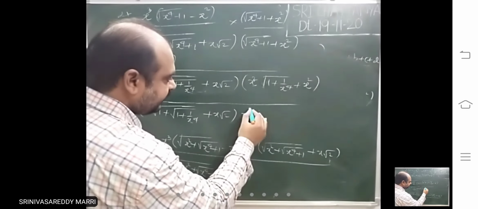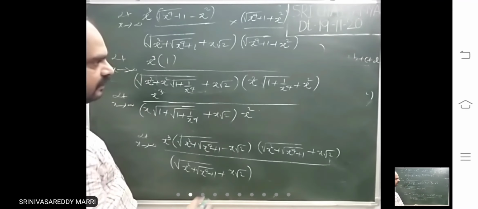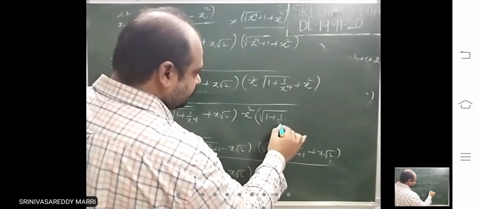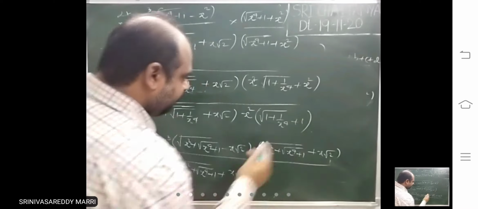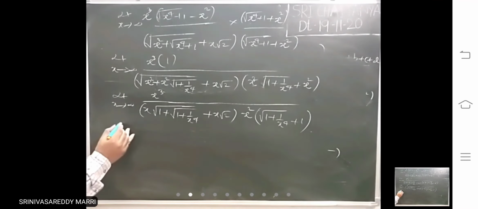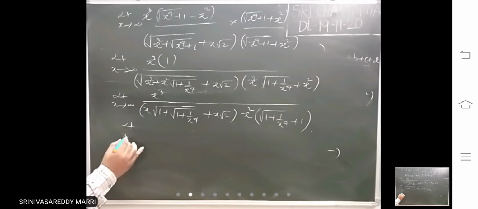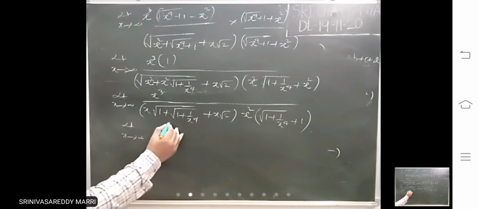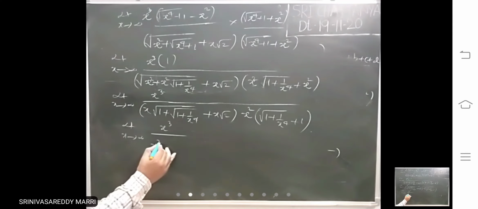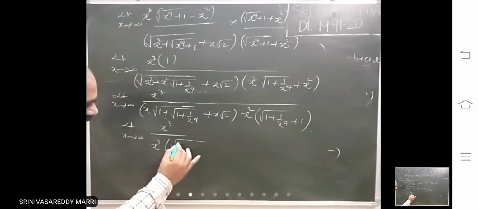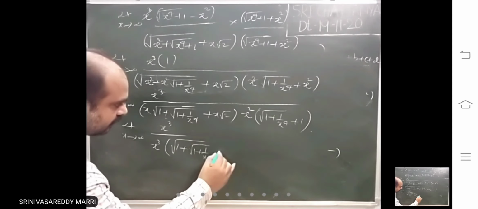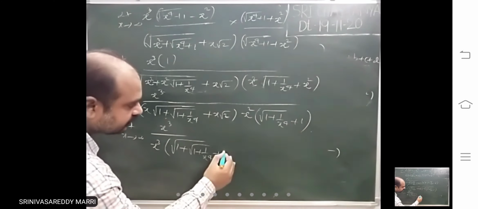Here x square you take common, x square into 1. So that means here x common, here x square common, x cube into, here what you will get, plus root 2.